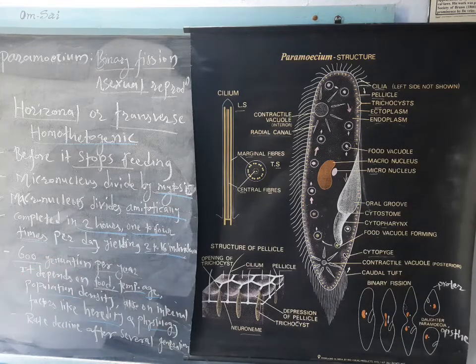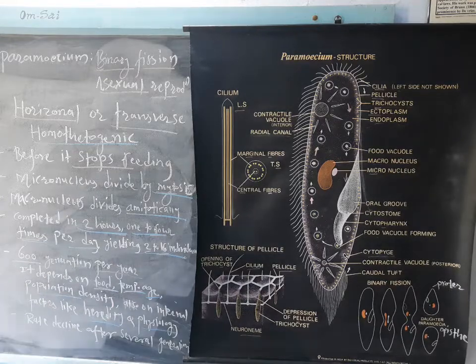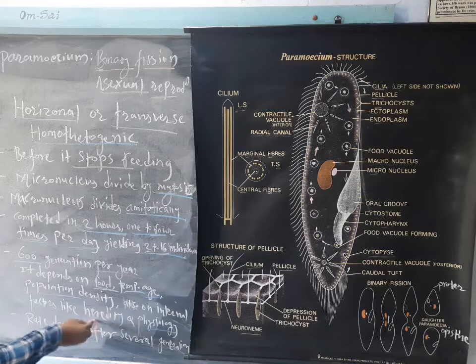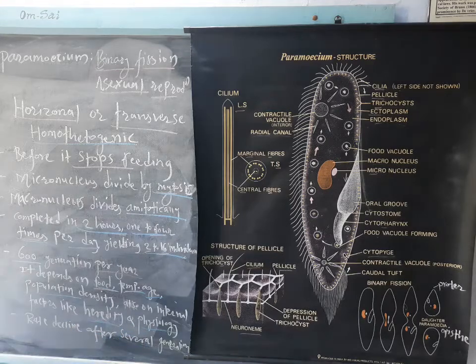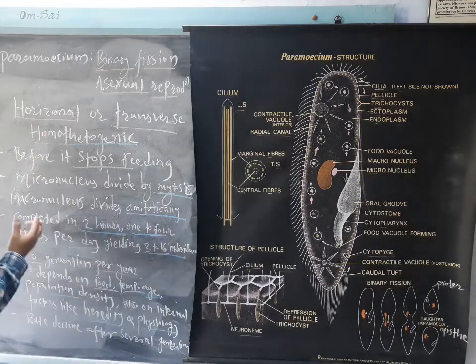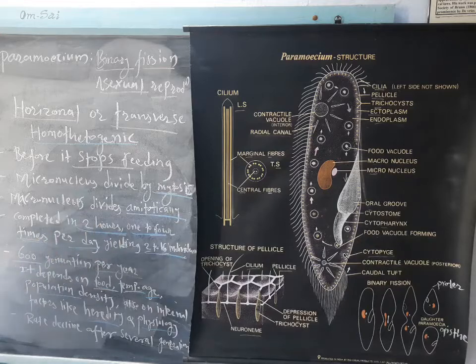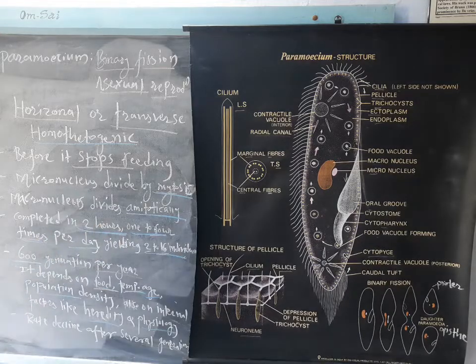These are external factors. Internal factors like heredity and physiology are also responsible for repeated binary fission. Though it goes up to 600 generations, the rate declines after several generations.